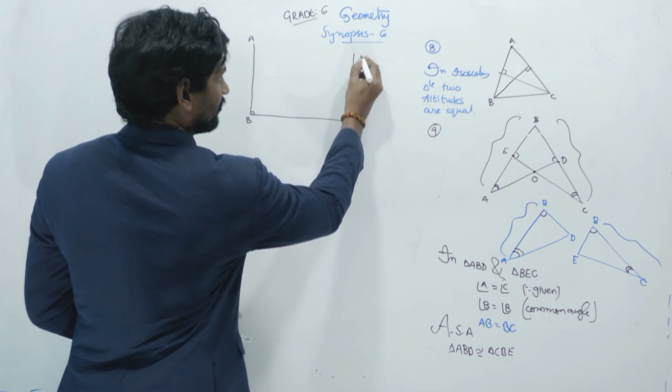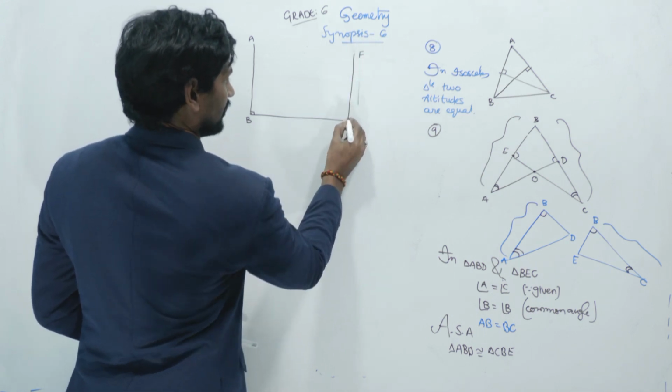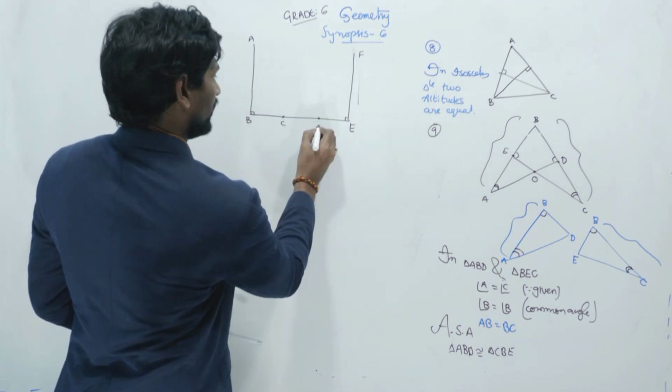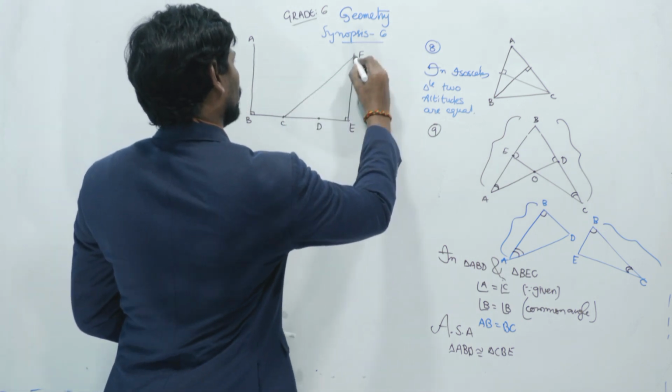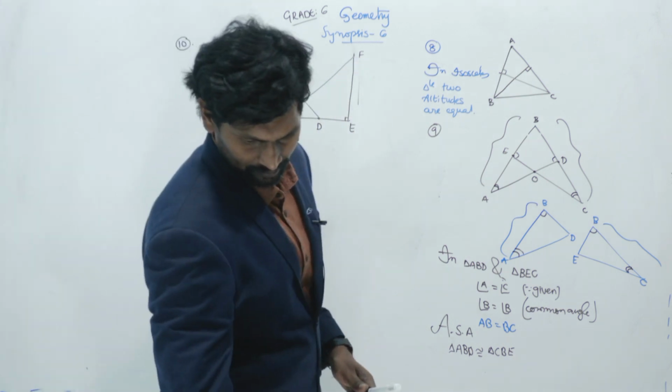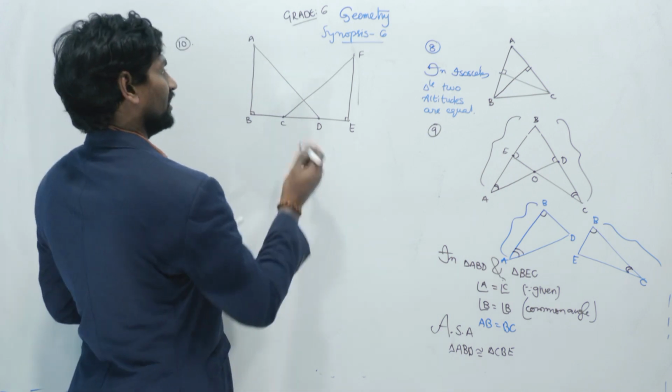And also here C is a point, here D is a point. C to F and A to D are joined like this. The intersecting point is taken as O.